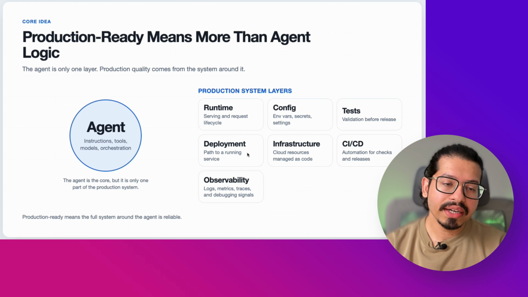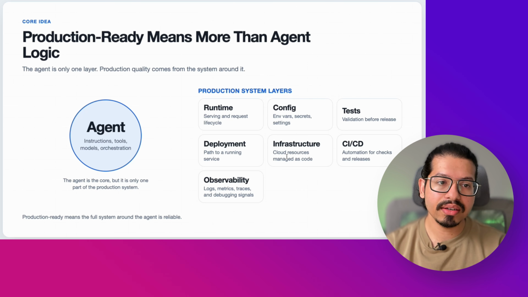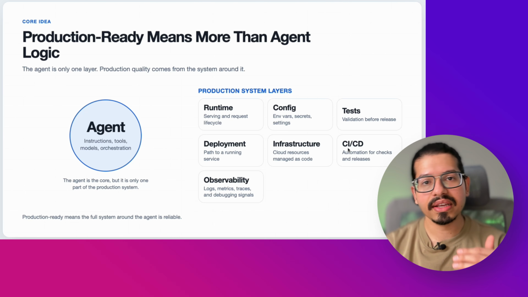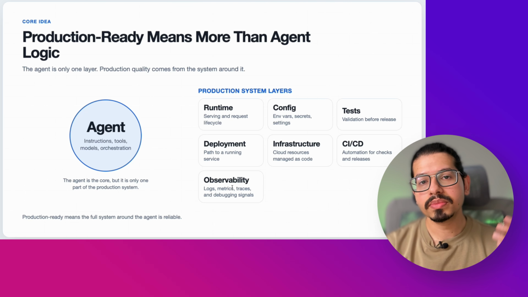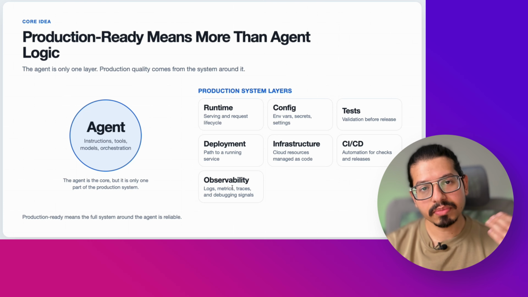Then deployment, right? This is the path from local code to a real running service in the cloud. Then there is infrastructure, the cloud and platform layer that supports the application. Then there is CI/CD, which is the automation for checks, builds, and releases. And finally, there is observability, where we monitor, debug, and operate the system in production.